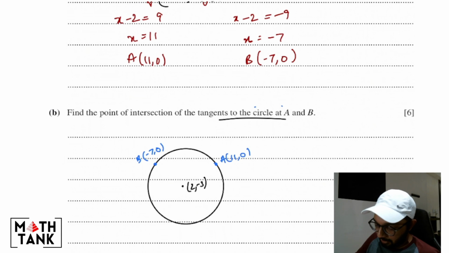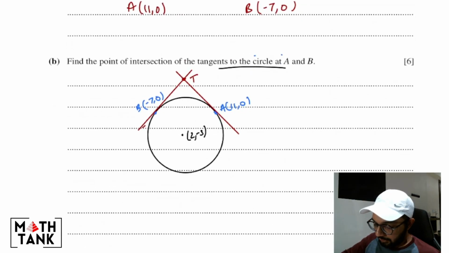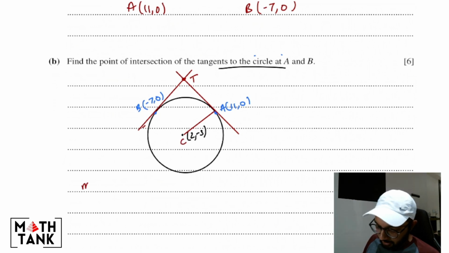What I need to find out is, if there are two tangents passing like that, what is the point of intersection of these tangents? That's what I'm trying to find out. So I'm looking for this intersection point. Let's call that T. I'll need the equation of the two lines AC and BC. Let's quickly do that.